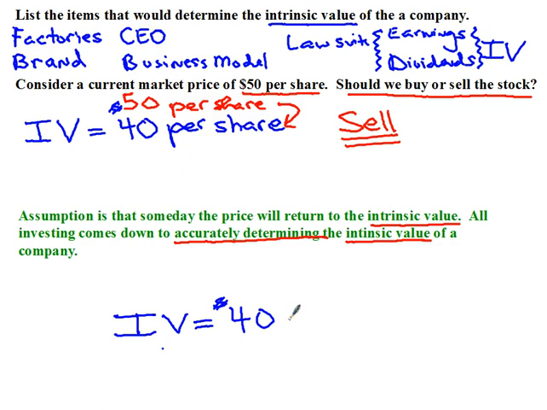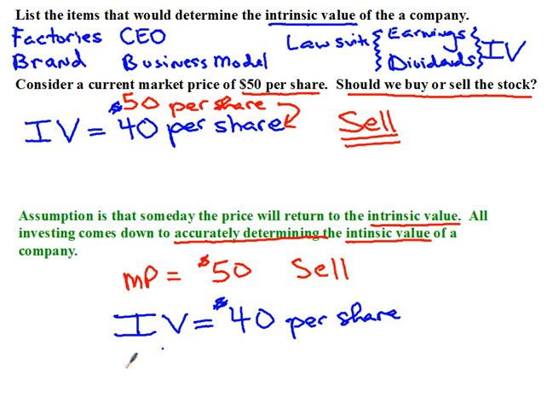So then we would simply say this: if the market price were $50 per share, then it's higher than the intrinsic value, and we would say sell. If, on the other hand, the market price were $20 per share, then we would say buy. Why? Let's just say this one more time. Because we believe that the market price will eventually return to the intrinsic value. That's the key to Firm Foundation.